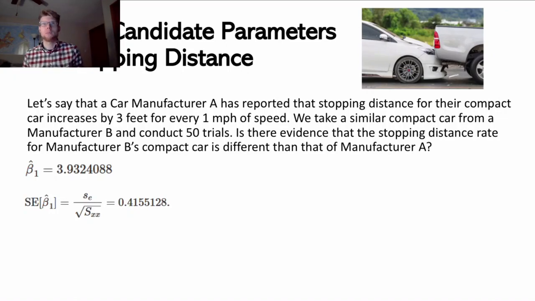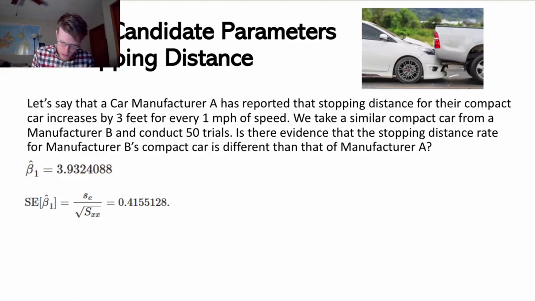Well, we have a sample from car manufacturer B of a similar model, and we're curious whether these two manufacturers' cars might follow the same relationship between stopping distance and speed. So let's judge the plausibility of 3 as a possible parameter for car manufacturer B as well.